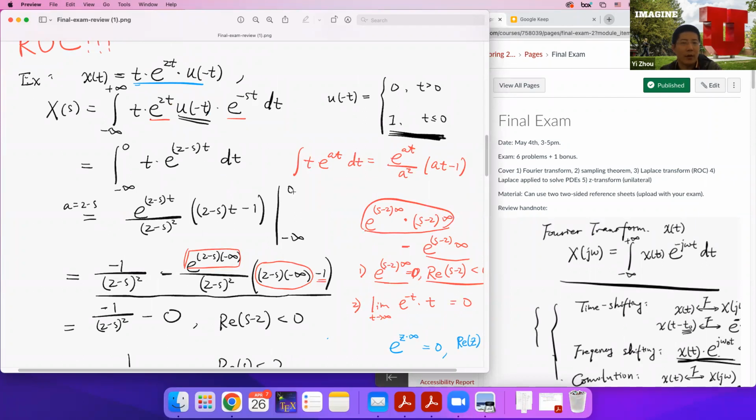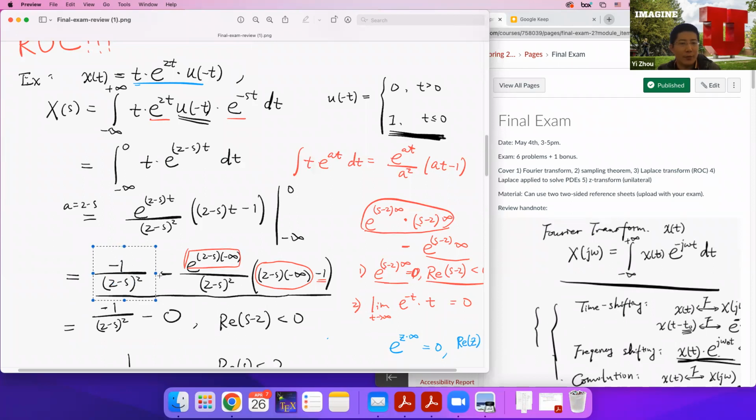When you plug in t equals 0, this is 1, and inside the parentheses is 0 minus 1, so you have negative 1. Overall, it gives us negative 1 over (2 minus s) squared. So this gives the first term.